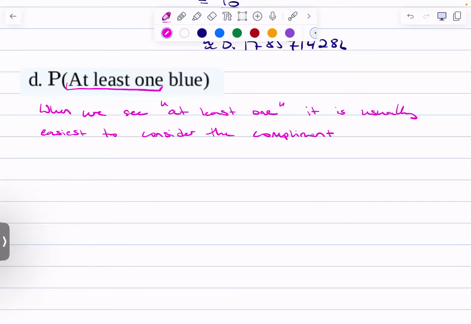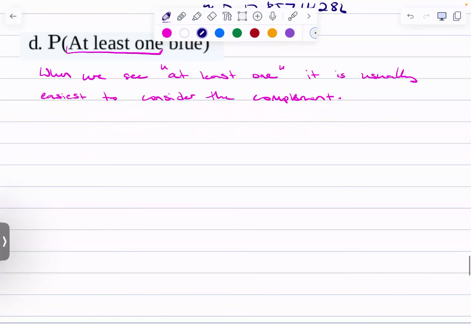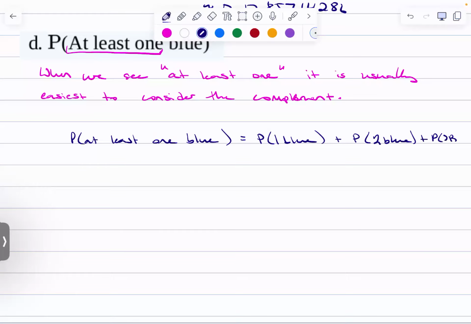So the probability of at least 1 blue is the probability of 1 blue plus the probability of 2 blue plus the probability of 3 blue.